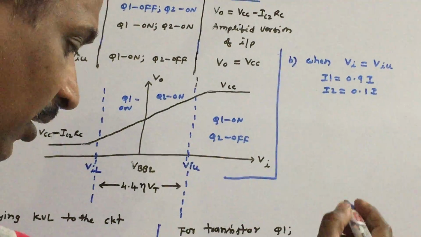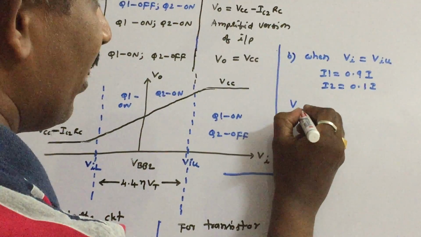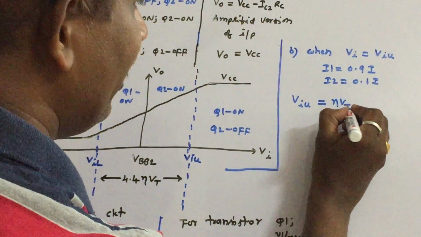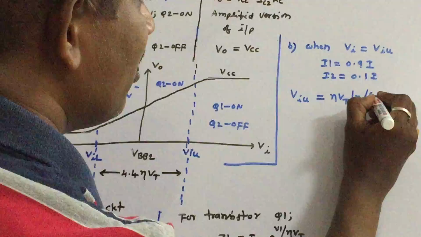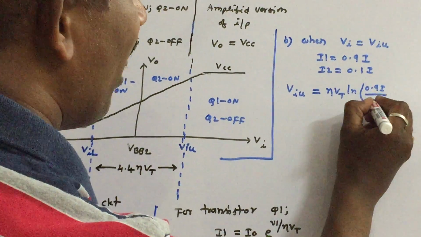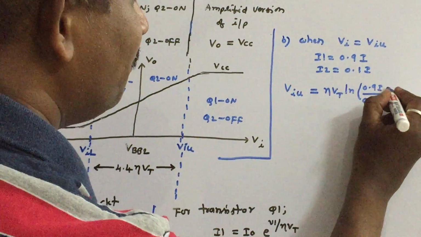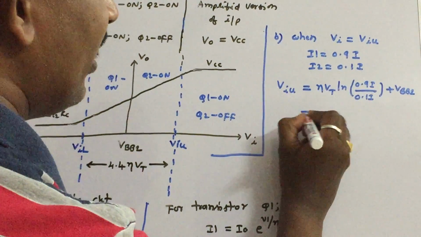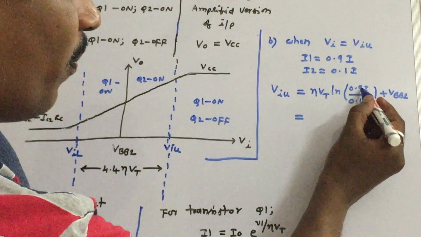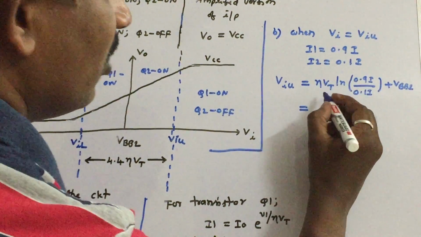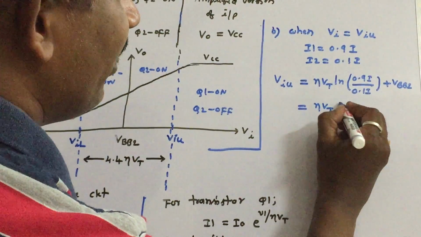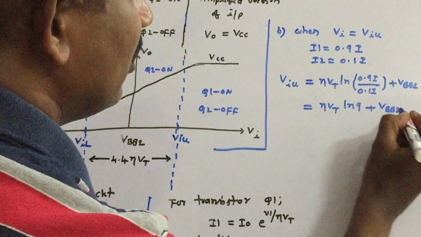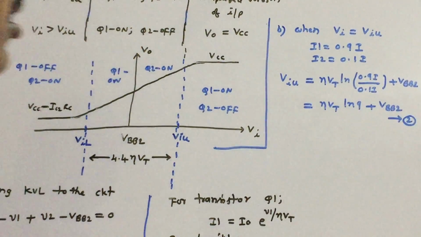Vi becomes VIU, equal to eta Vt natural logarithm of 0.9 I by 0.1 I plus VBB2. I gets cancelled out, and 0.9 by 0.1 becomes 9. Therefore VIU is eta Vt log 9 plus VBB2. Let us call this equation 2.